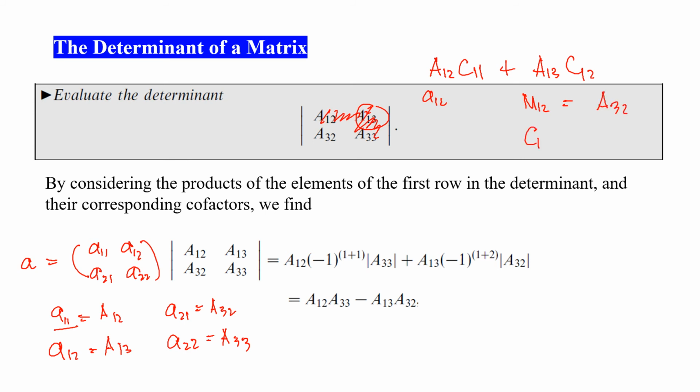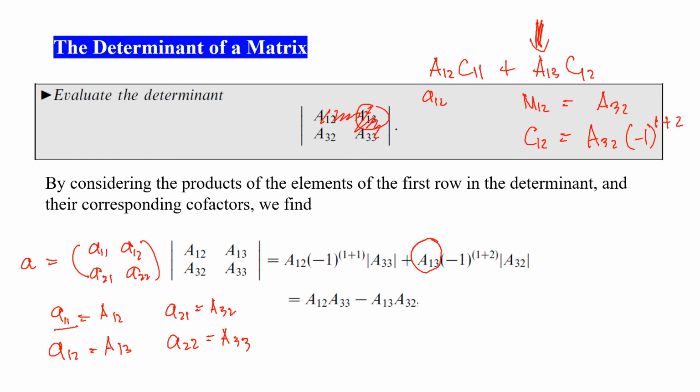And the cofactor of 1, 2 is just your A32 times negative 1 raised to 1 plus 2. So that's negative. So you have here your A13, as you can see here.